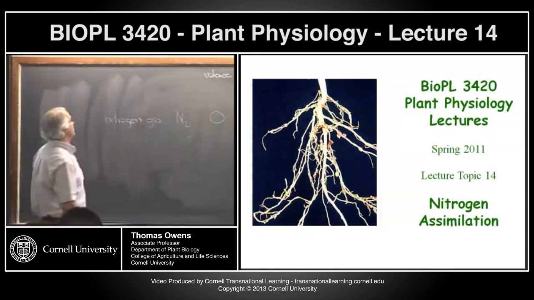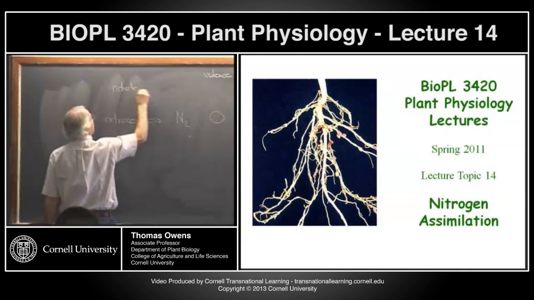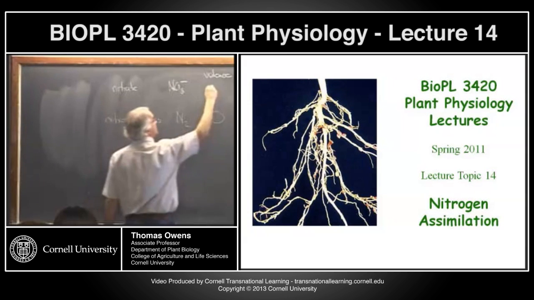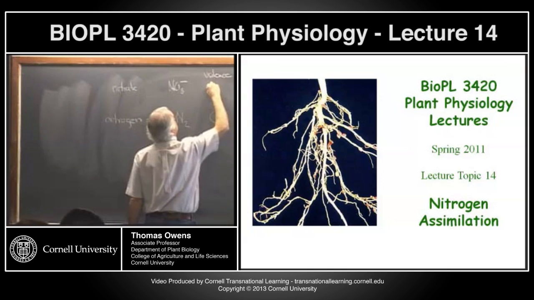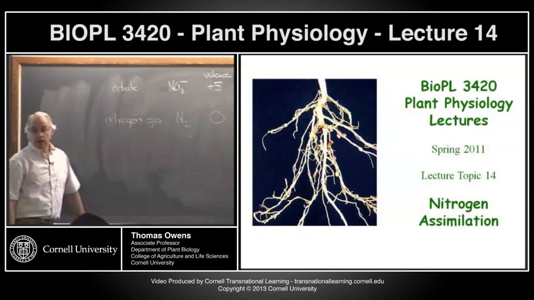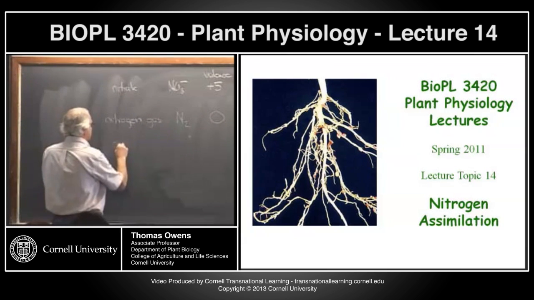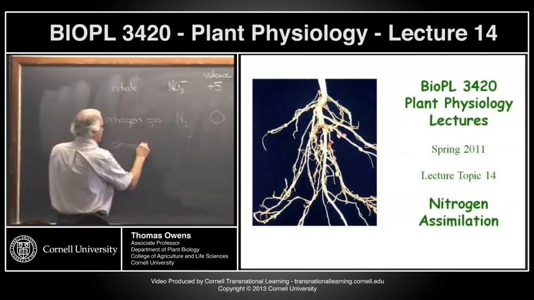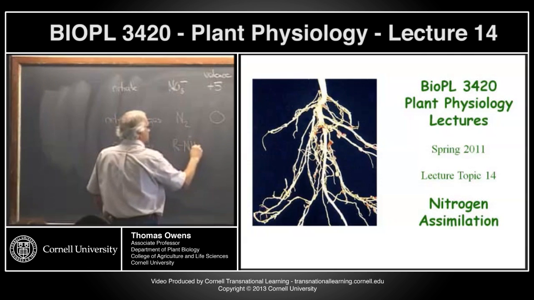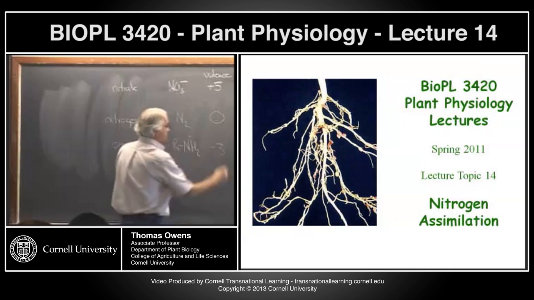The most common form of available nitrogen is nitrate ion. That's NO3 minus. And its valence is, what is it? It is +5. The valence of nitrogen in organic compounds, like amino acids, this would be something like this, where R is some organic group, and the valence here is -3.